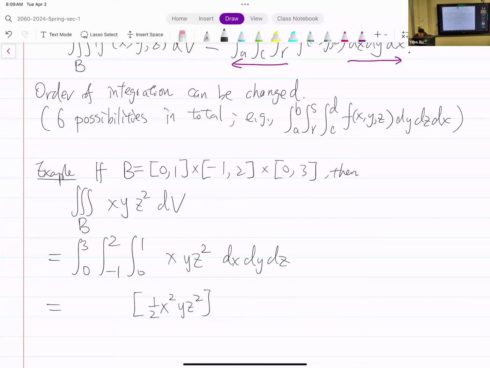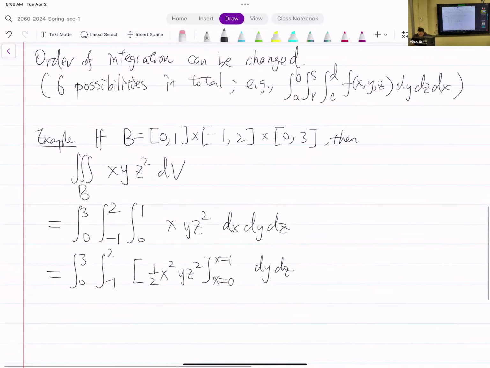Then we plug in x equals 0 and x equals 1. x equals 0 doesn't give you anything, so the evaluation for x equals 1 matters. And then you copy what you have for dy and dz.